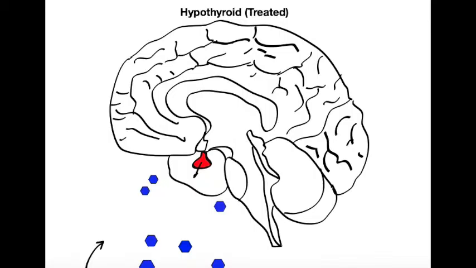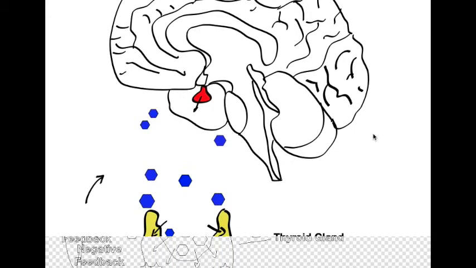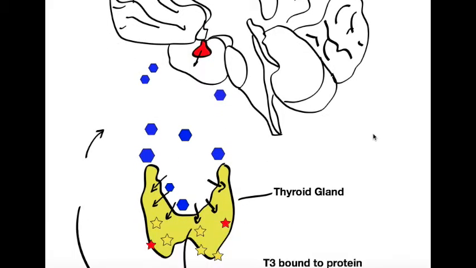So here's what we can do with an underactive thyroid gland. First, we need to identify what the underlying illness is, but to manage the actual underactive thyroid gland, we can use medication, which is shown here. As you can see, there's very little thyroid-stimulating hormone shown here in blue.